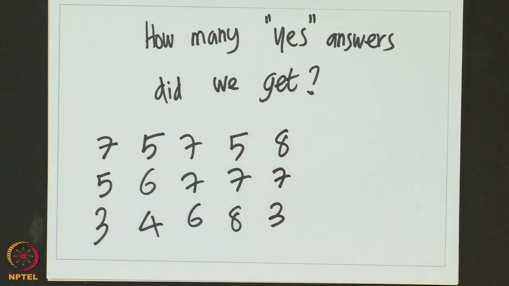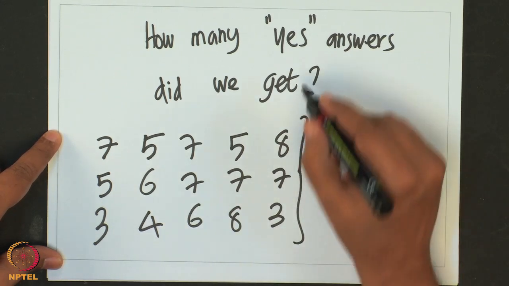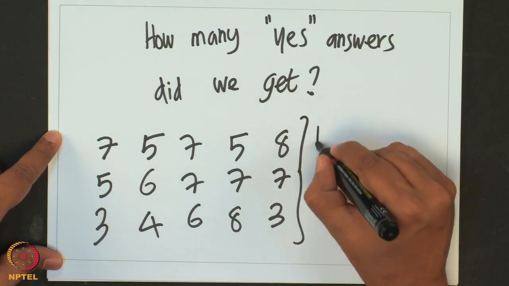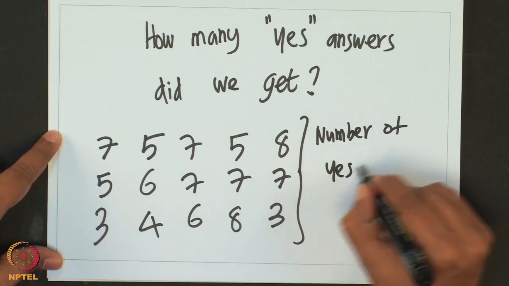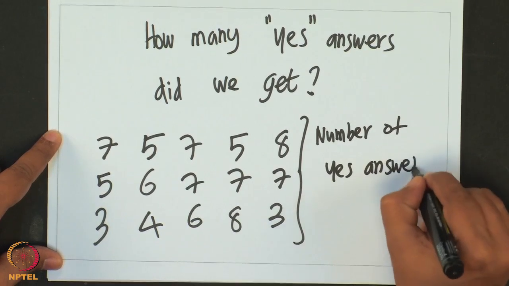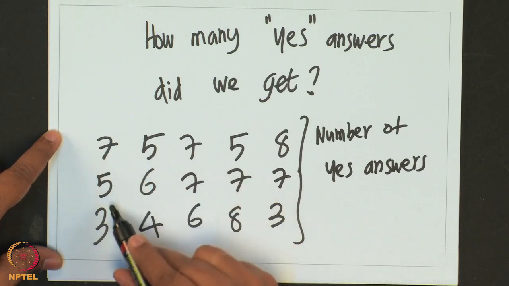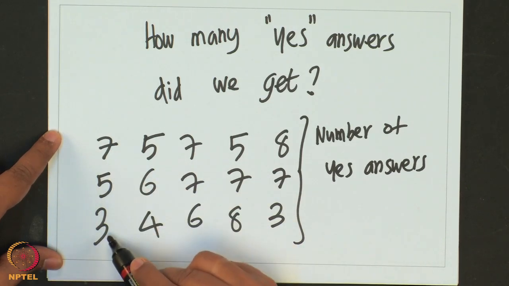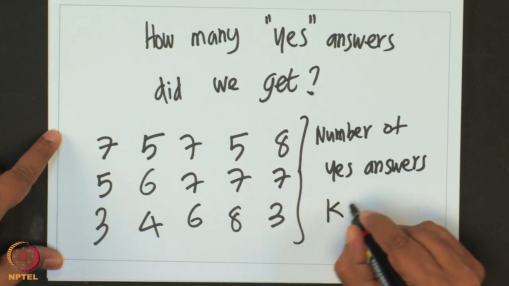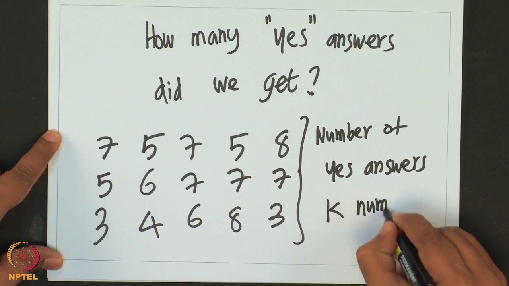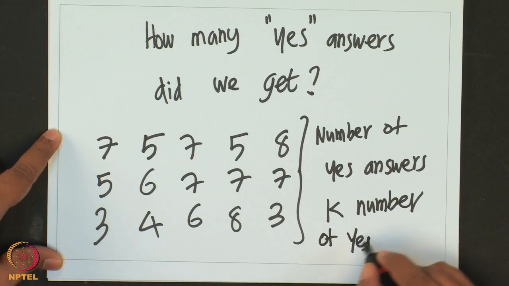You could get many values. So this is the number of yes answers: 7, 5, 3. So k is the number of yes answers, where k is any of these numbers.